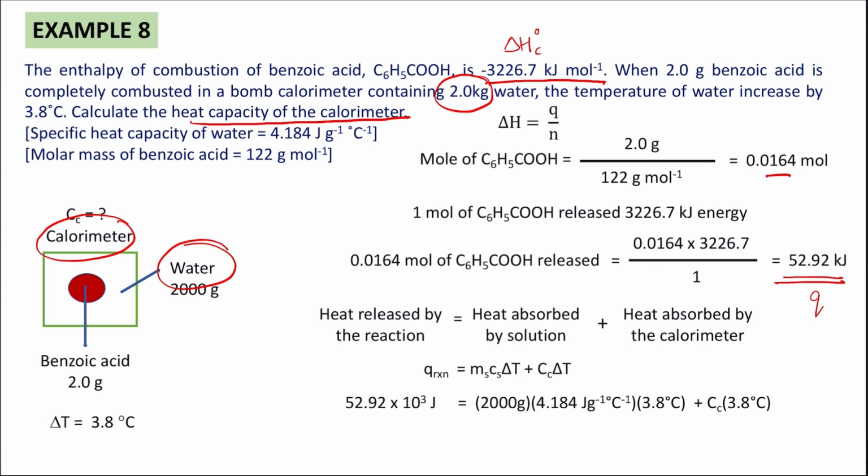Apa yang saya nak cari adalah this one, untuk heat capacity of calorimeter. So rearrange, I will got my final value for heat capacity of calorimeter 5.558 exponent 3 joule per degree Celsius. So soalan ni dia sedikit kelainan, dia reverse sahaja, tapi konsep masih lagi sama.